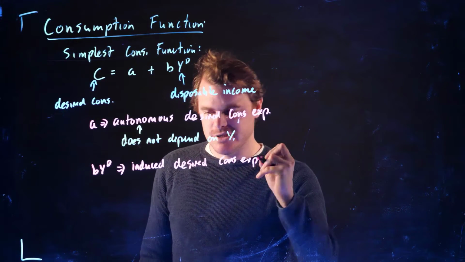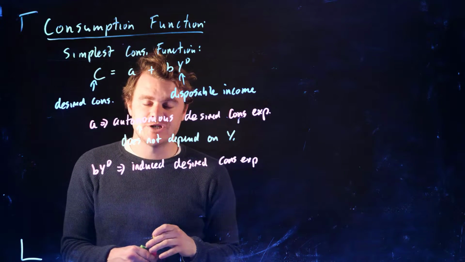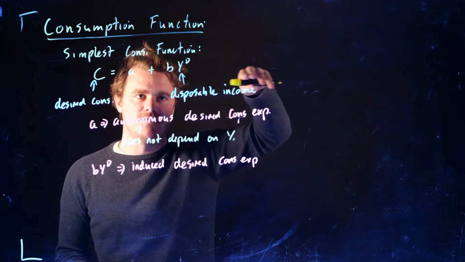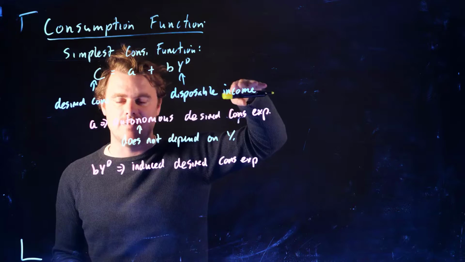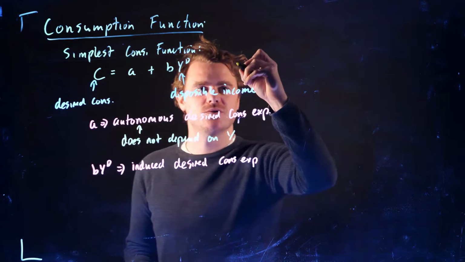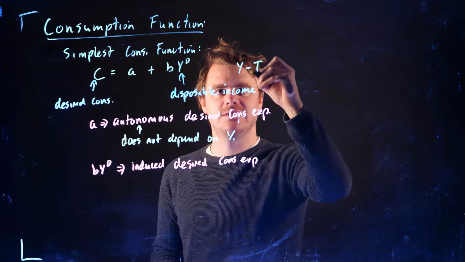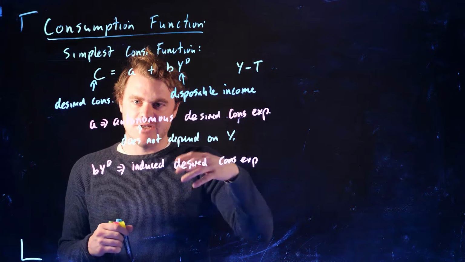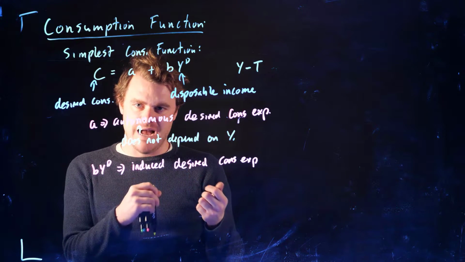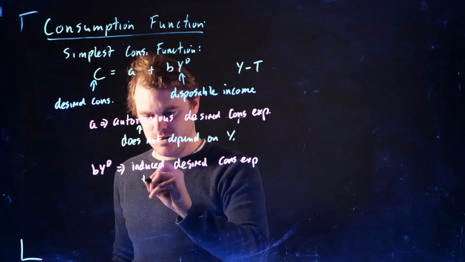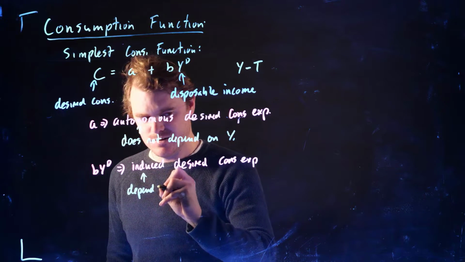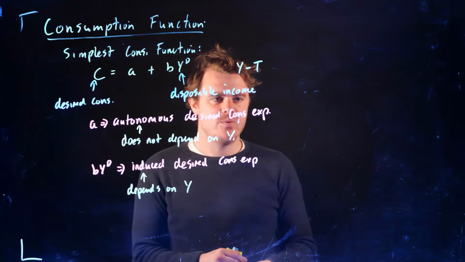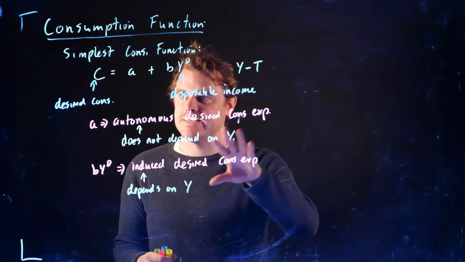So it's expenditure on consumption that depends on your level of income. Your level of national income is going to affect your disposable income, since disposable income is Y minus T, where T equals 0 here. And so B times YD is going to be induced. It's going to change depending on the level of national income, so it depends on Y.